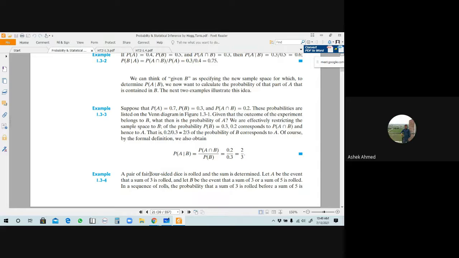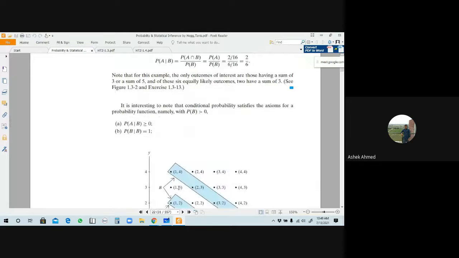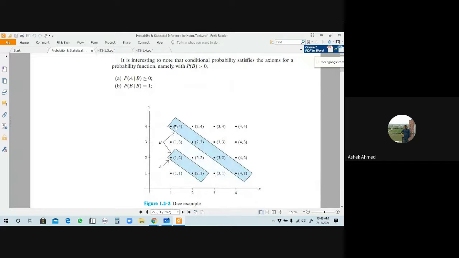A dice has 4 outcomes, but you have to draw a pair. Pair means, sir, 16. And the outcome space will be 16 here. Okay, the outcome space is given here. This is the first dice outcome space. Second, third, fourth. How many outcomes are there? There are 16 outcomes.